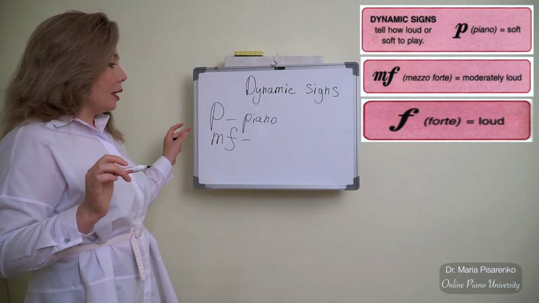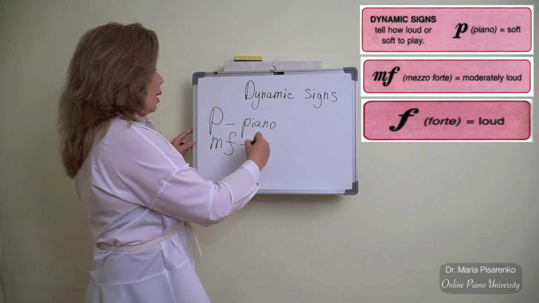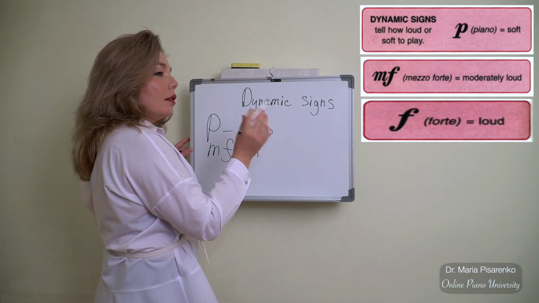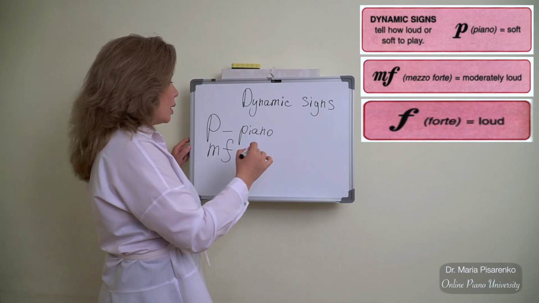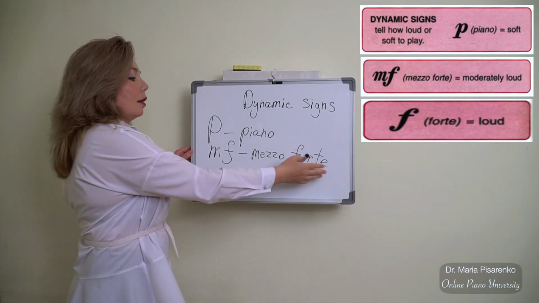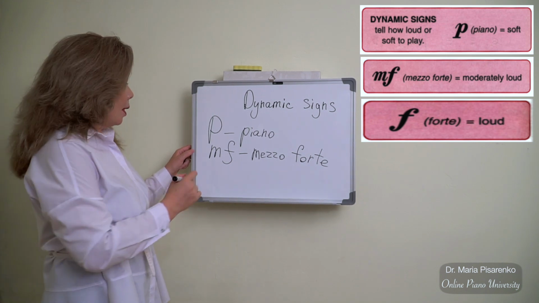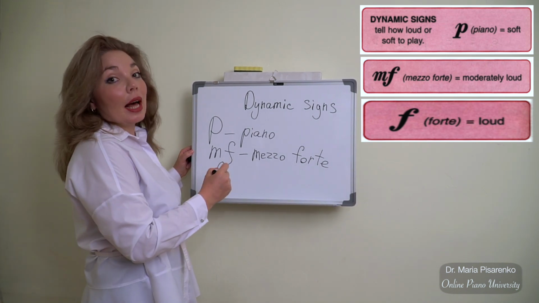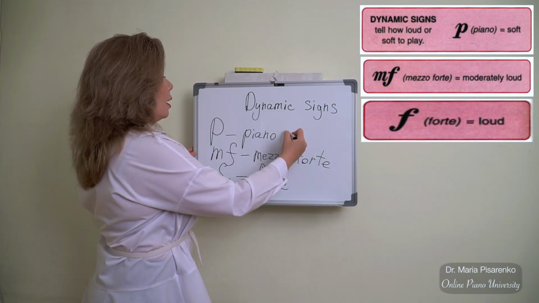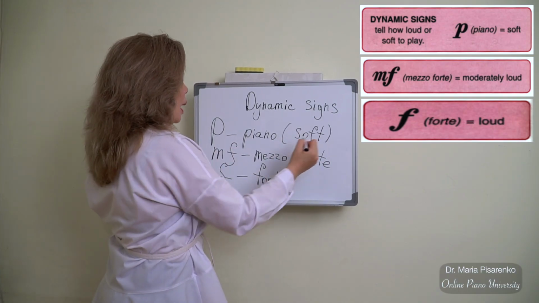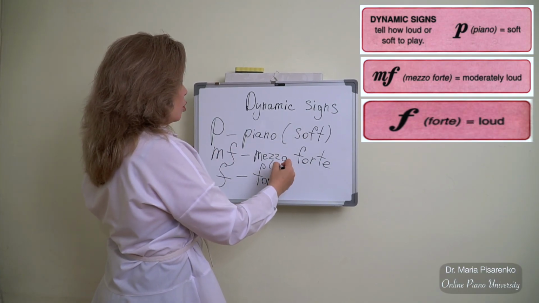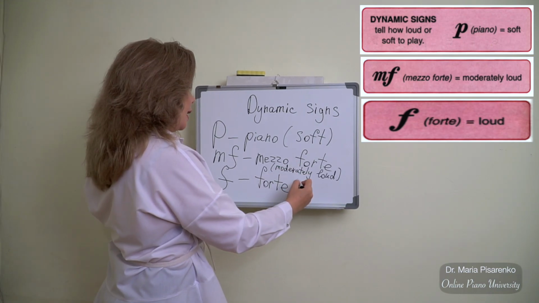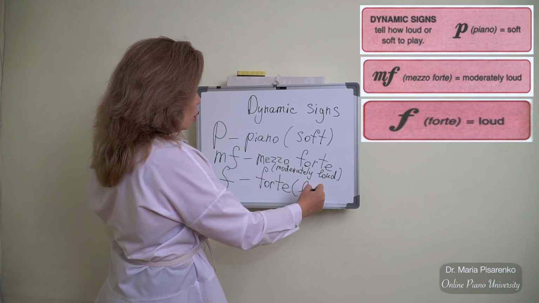Mezzo forte is used to create a moderately loud sound. And again, it's all in Italian. And forte is loud, okay? Piano means soft. Mezzo forte means moderately loud, and forte is loud.